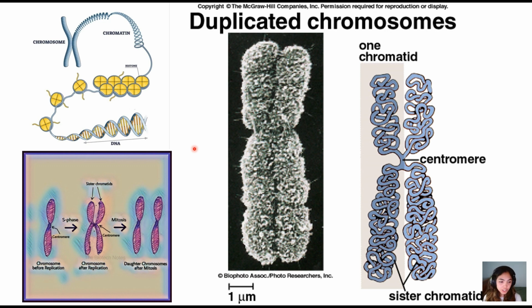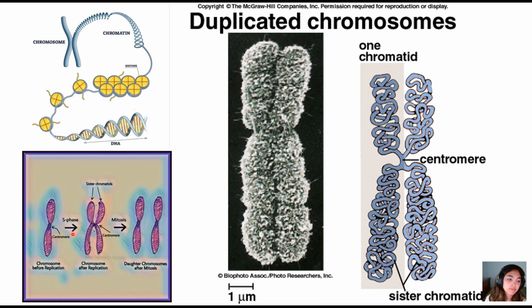So in interphase, this is where we begin to have that DNA replication to produce two sets of chromatin. Two sets being that it forms these two things here. And we call these two identical bits of DNA sister chromatids.